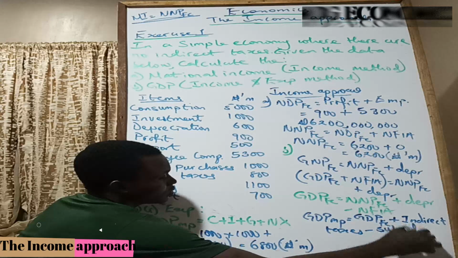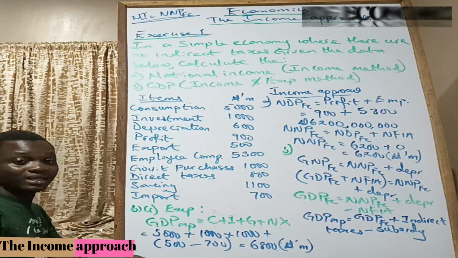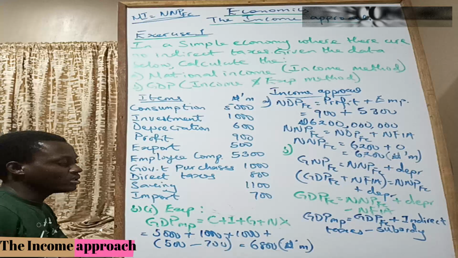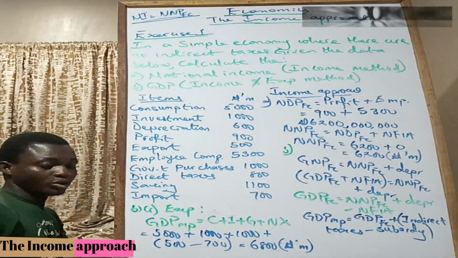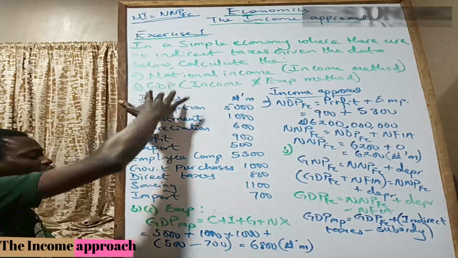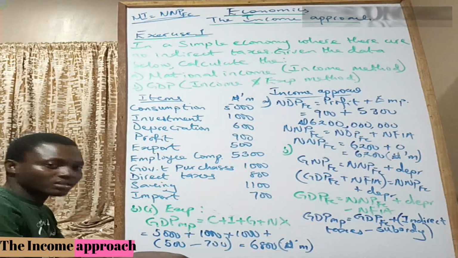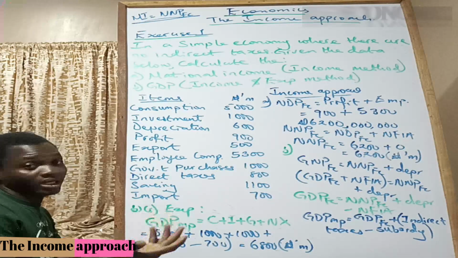Indirect taxes minus subsidy is also known as net indirect taxes. Sometimes in your list of items you'll be given net indirect taxes, so that means subsidy has already been deducted from indirect taxes.